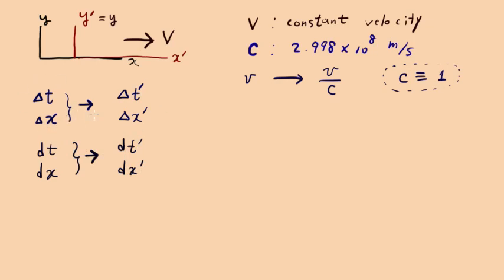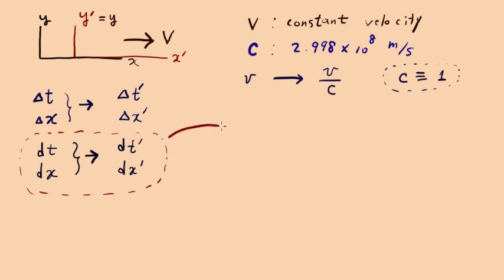How does this set of values transform when you go from the unprimed coordinate system to the primed coordinate system? And we're just concerned with very, very small displacements in time and space. And that's a good thing to do, because once you know how these quantities transform, you can use integral calculus to learn what happens over any finite intervals of time and space. So this is a very good thing to do.